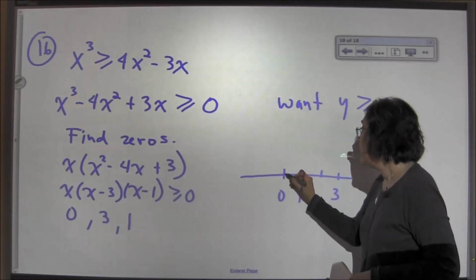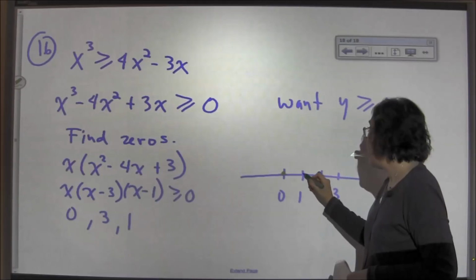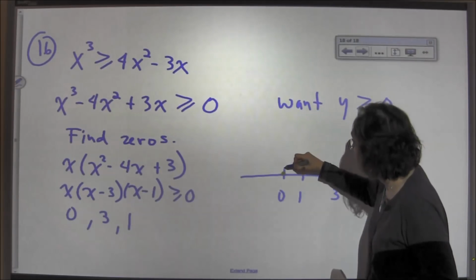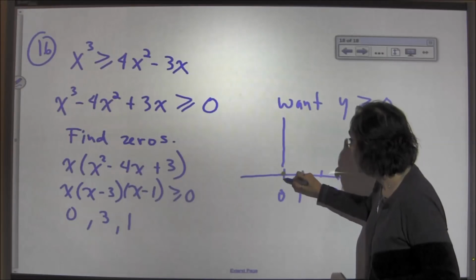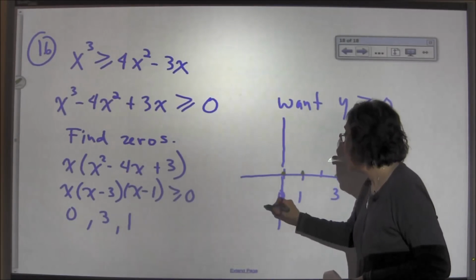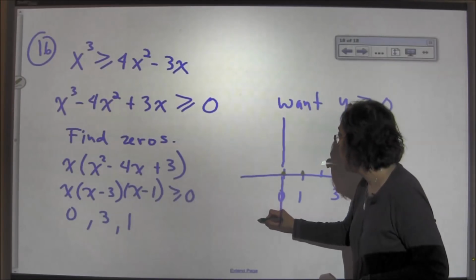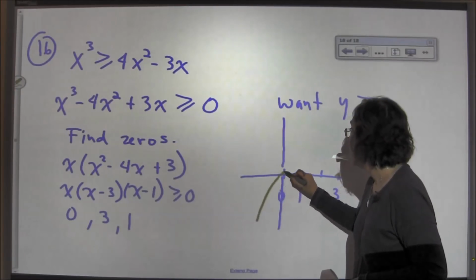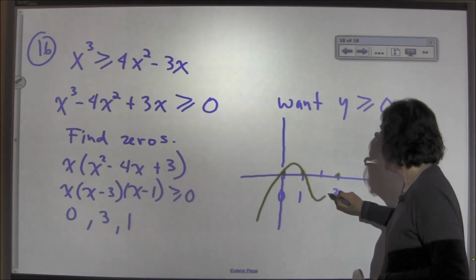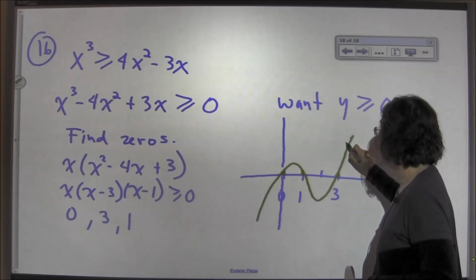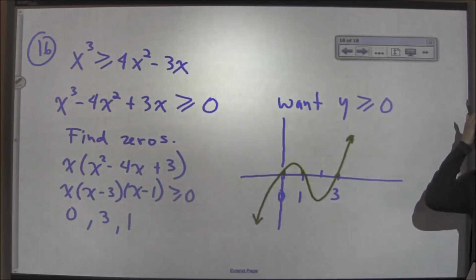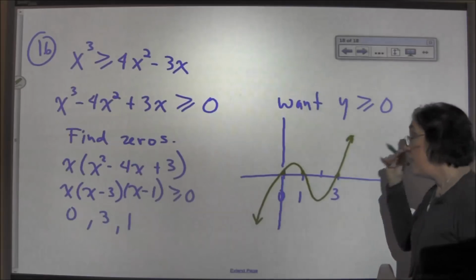So this thing's going to cross at 0, at 1, and at 3. Of course, the y-axis will be right here. And what you'll see it looks like is this polynomial will come up, then back down, and then it'll turn around one more time, if you graph it on your graphing calculator.